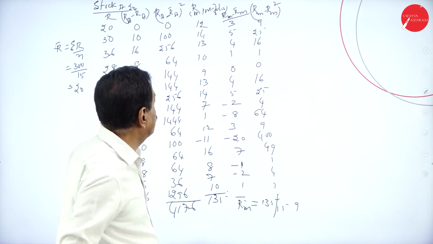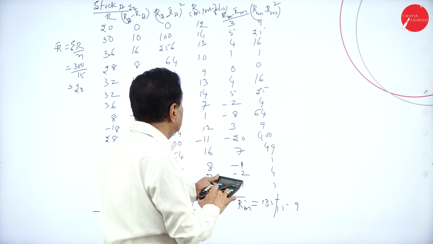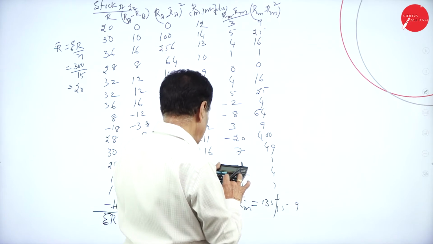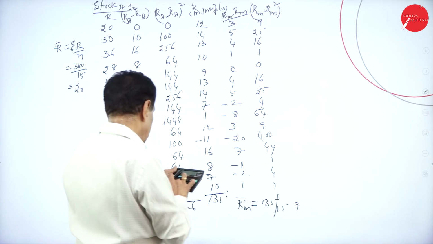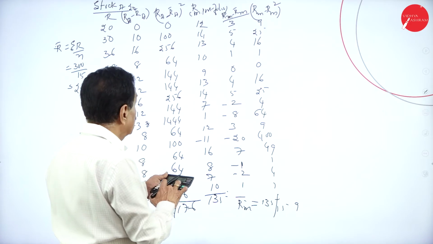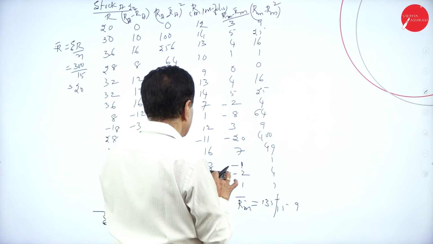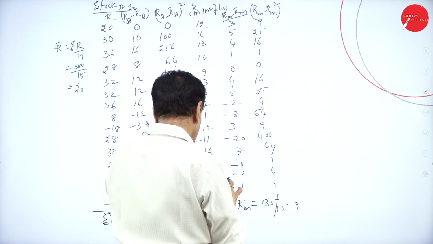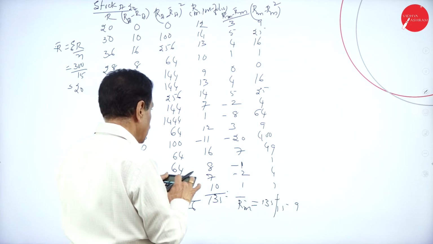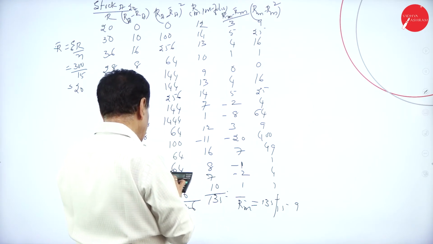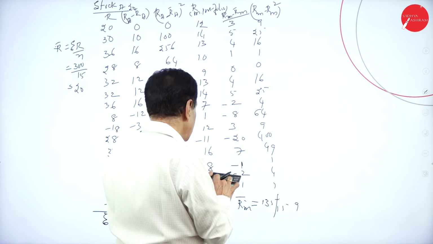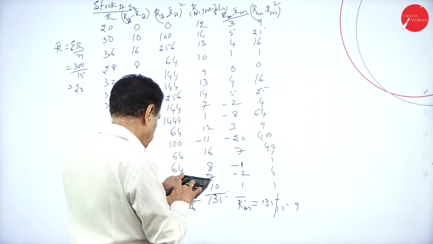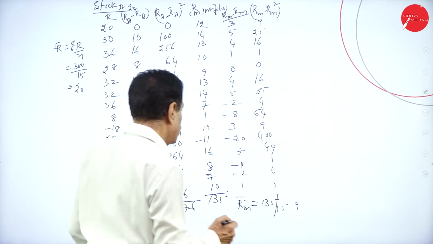This is 9 plus 25 plus 16 plus 1 plus 16 plus 25 plus 4 plus 64 plus 9 plus 400 plus 49 plus 1 plus 4 plus 1, which is 624.